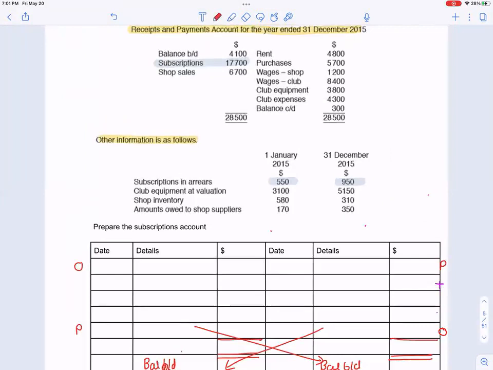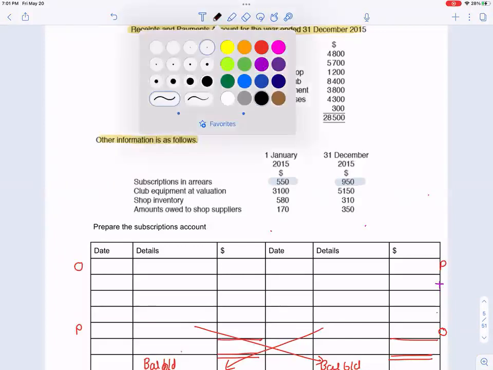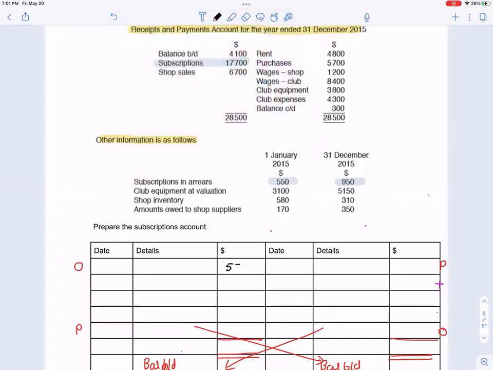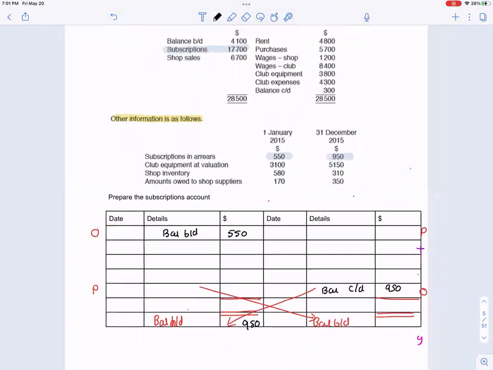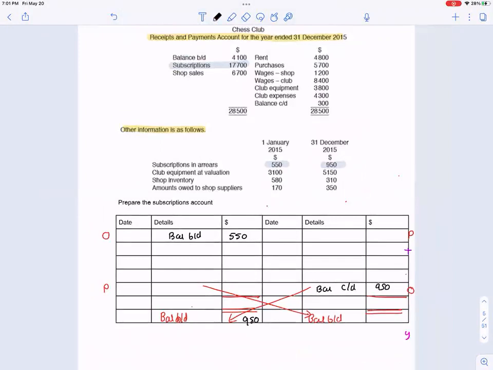Arrears will come on the debit side. The first, the opening date, 550. Then the closing date will come on the credit side, 950, and this 950 goes down over here. And subscriptions will write it on the credit side as bank, 17,700.